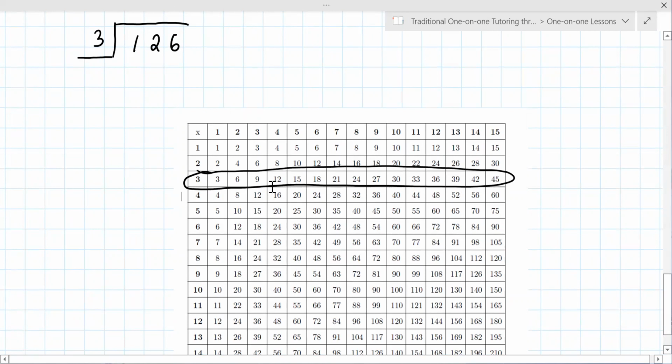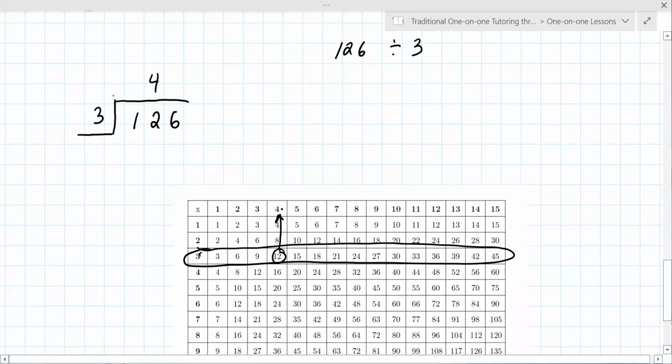There's 12 in that row, so you go up to 4. 3 times 4 gets you to 12. It's like 12 is the answer, and you're trying to figure out what number gets you to 12. So the 4 goes there. 4 times 3 is 12. Okay, so you subtract and you get a 0.